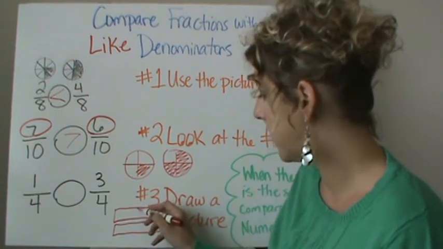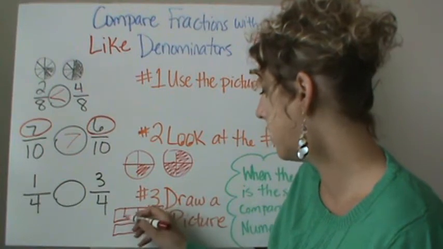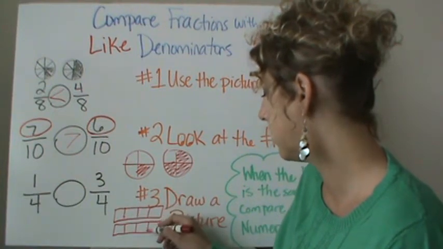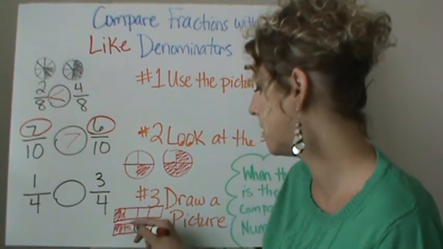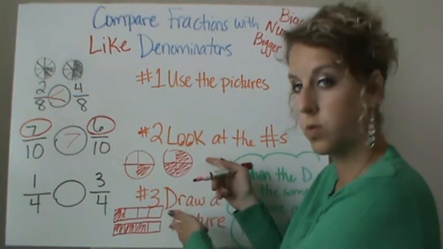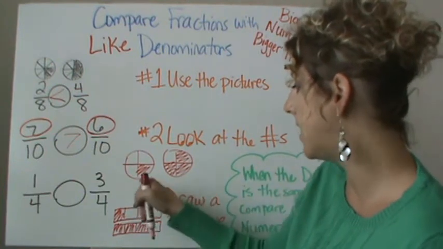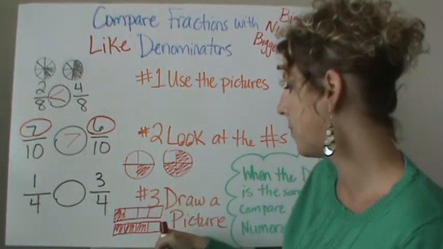If we drew the bar method, we would cut it in half again to make fourths. For the 1/4, you color in 1/4, for the 3/4, you color in 3/4. So here's two pictures you could draw, the circles or the bars. And you can see 1/4 is a lot smaller than 3/4.